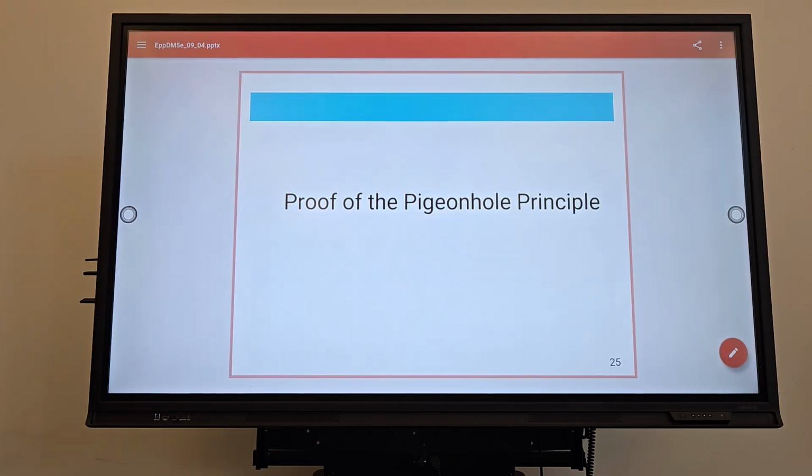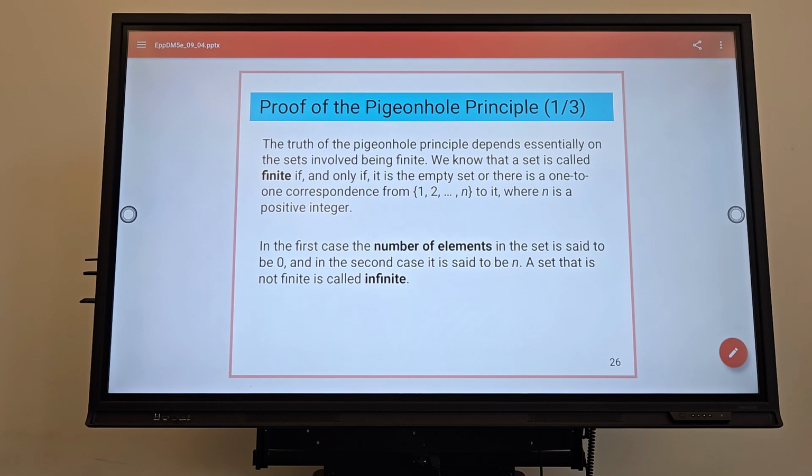Proof of the pigeonhole principle. The truth of the pigeonhole principle depends essentially on the sets involved being finite. We know that a set is called finite if and only if it is the empty set, or there is a one-to-one correspondence from the set {1, 2, 3, ..., n} to it, where n is a positive integer.